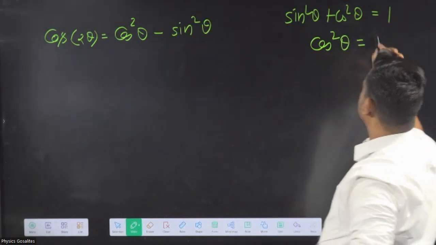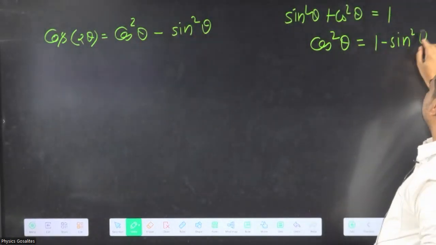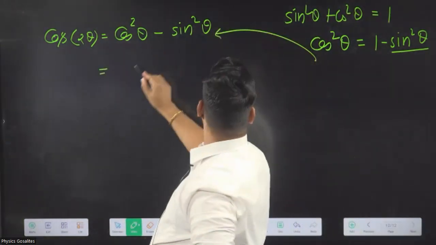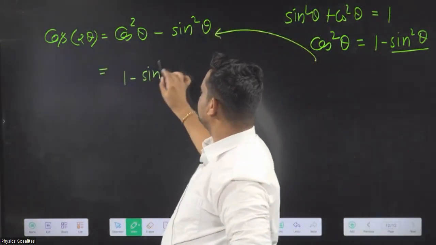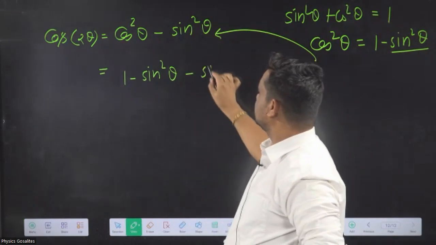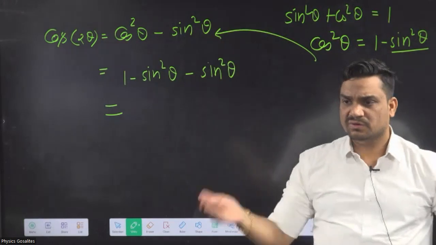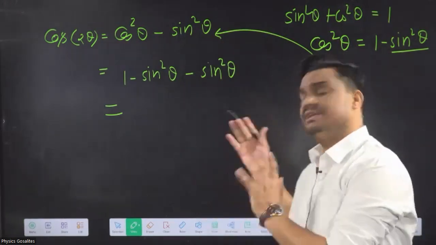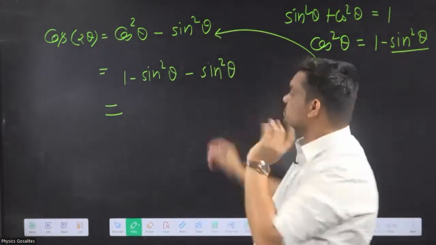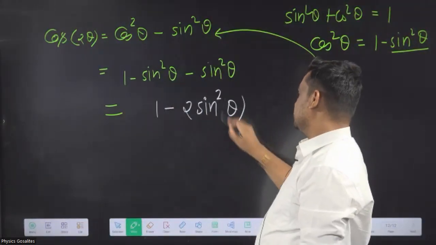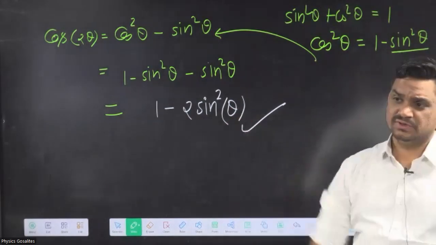Cos square theta we can write as 1 minus sine square theta. This value I have to put. So we can write 1 minus sine square theta minus sine square theta, and finally this becomes 1 minus 2 sine square theta. Yes. Over.